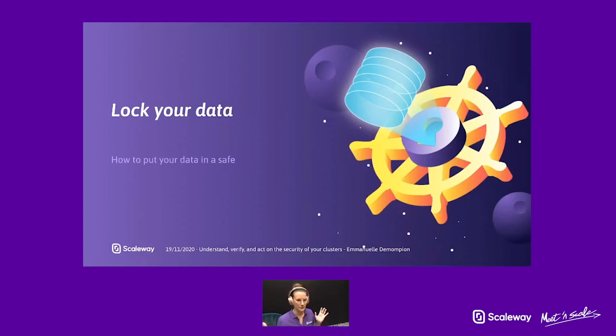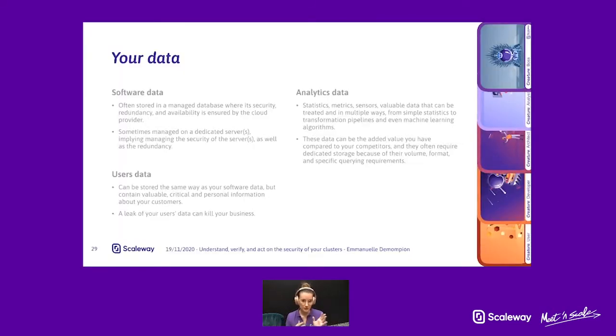And you have secured your cluster, you have secured your code, you are sure that the tools and third parties you're using are safe or safer than they usually are. So what about your data? You usually have three kinds of data. You have software data, the data you need for your service software, what you provide your customer to run. Usually it can be static.